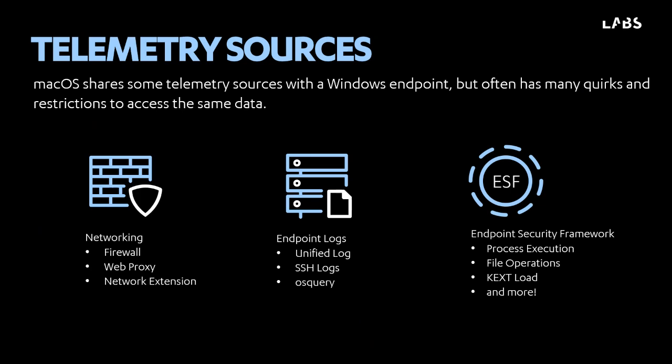Not macOS specific, but useful in this case. And then, whilst technically an endpoint log, it's very different to the Windows world: there's something called the Endpoint Security Framework. This is a method for security products to find out about process executions, file operations, all kinds of things that you might want to detect and also prevent.